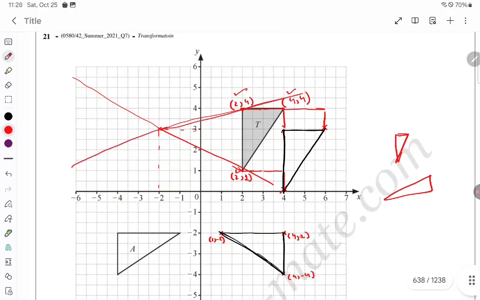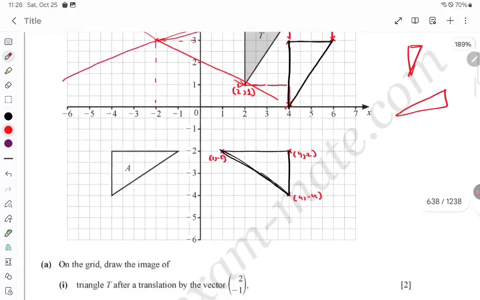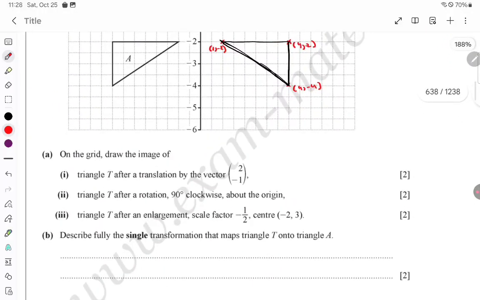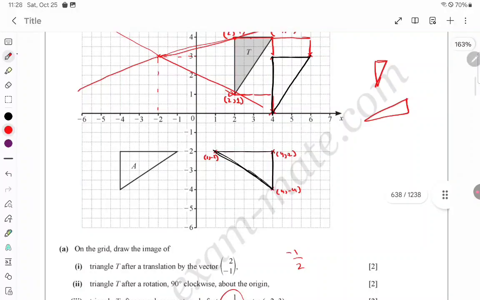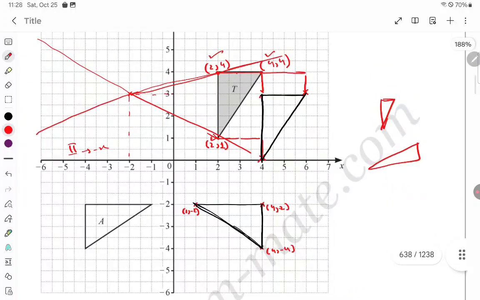Now what can we do? We have the given factor negative of half, so the negative sign indicates that it's on the second quadrant where x is negative, and by a factor of half, 0.5, which means we have to reduce this triangle.